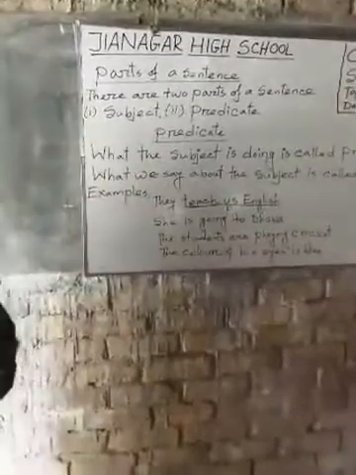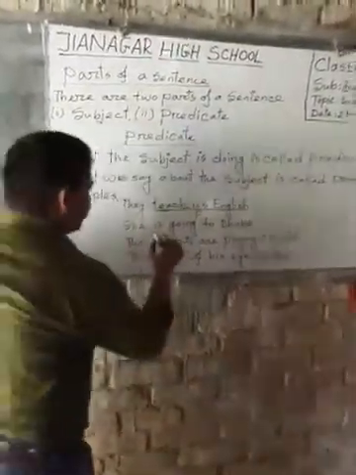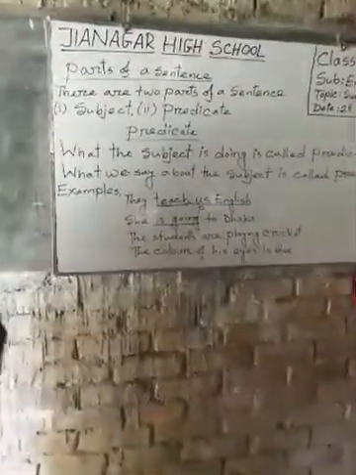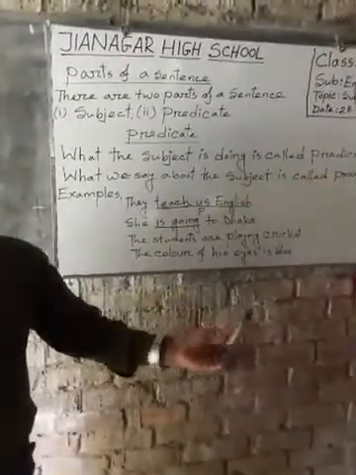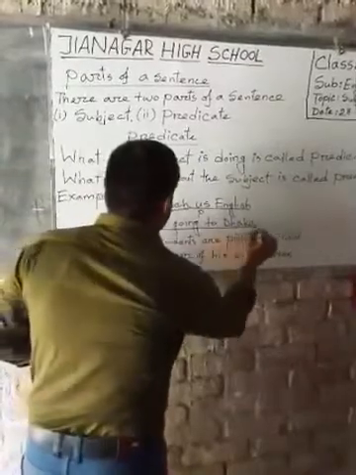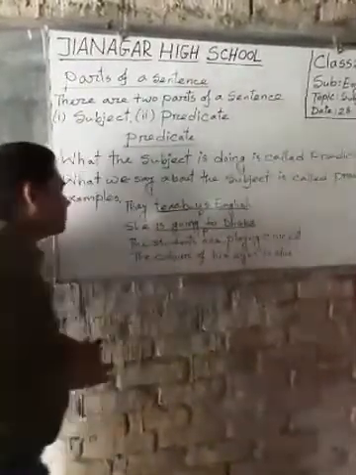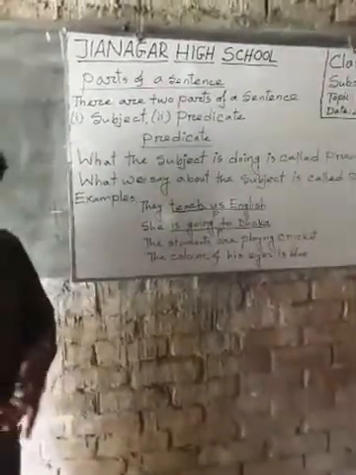In next sentence, which one is verb? In next sentence is going is verb. And from this verb up to the last word is called predicate. Here predicate is what? Is going to Dhaka is predicate. In next sentence, which one is verb?